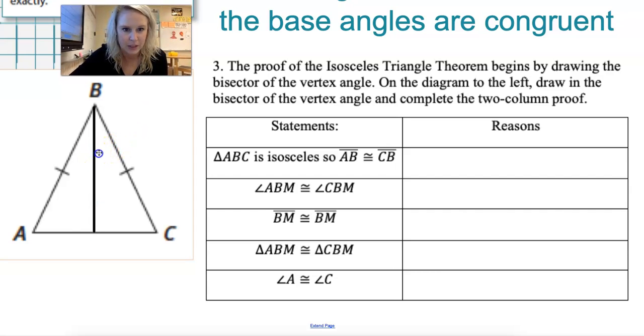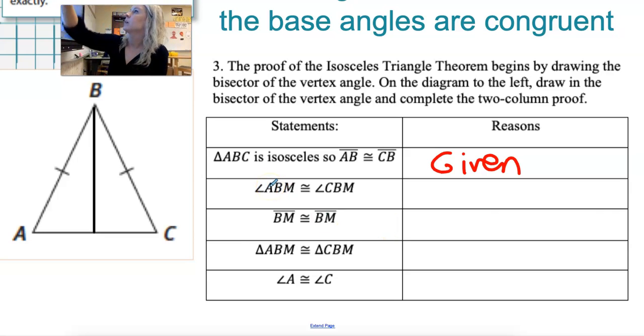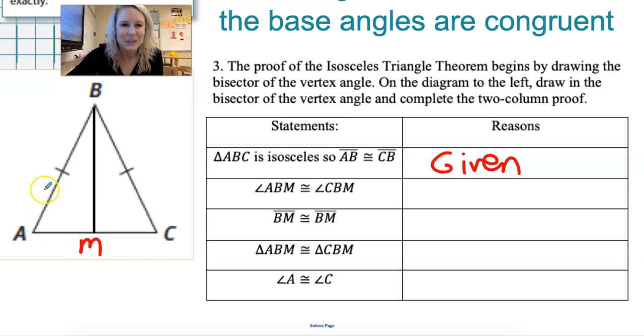All right, so let's talk about this proof. If ABC is isosceles, I know that AB, they gave me a tick mark here, is equal to CB. So that's given. They gave that to us in our picture. Where this bisector hits, I'm going to call it M. So ABM is this angle here.